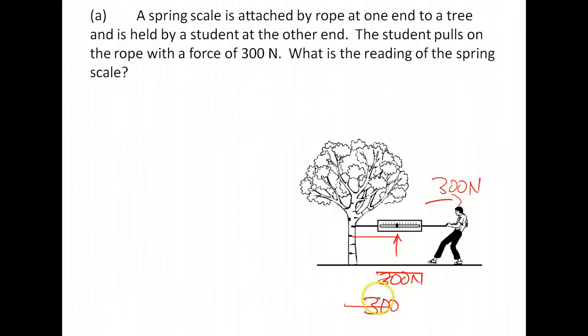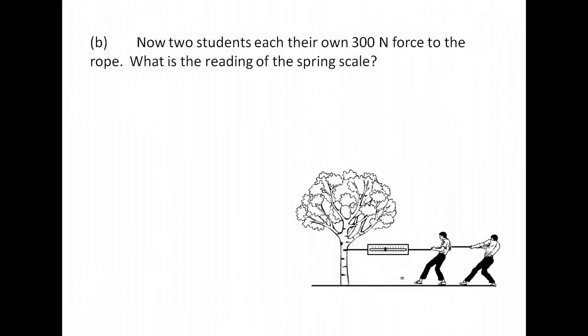All right, now let's go to the next one here. On this one, we've got two people pulling. This person is pulling with 300 newtons of force, and this person is pulling with 300 newtons of force. So what would this scale read? Well, it's going to read the sum of both of those, which would be 600 newtons of force.